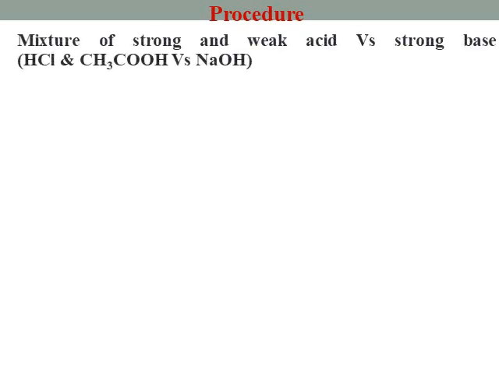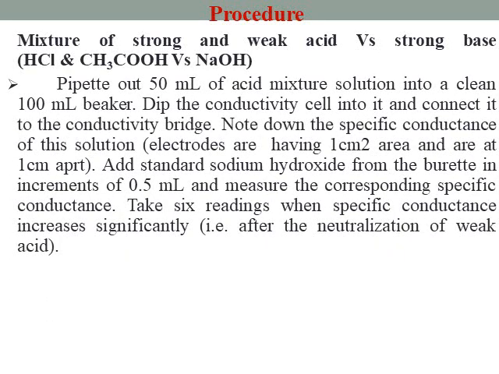Today we will discuss observations and calculations. The procedure for the conductometric titration of a mixture of a strong and a weak acid with a strong base is to pipette out 50 ml of the acid mixture into a clean 100 ml beaker.